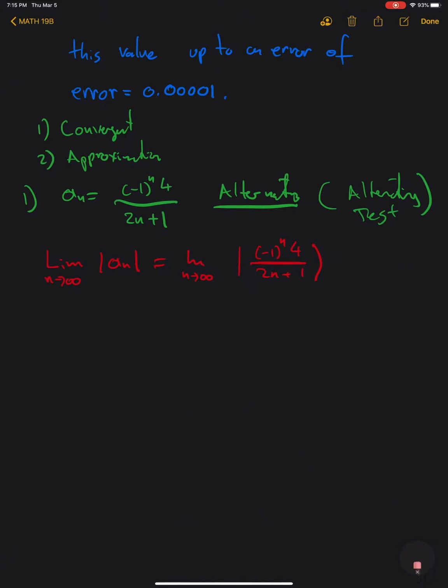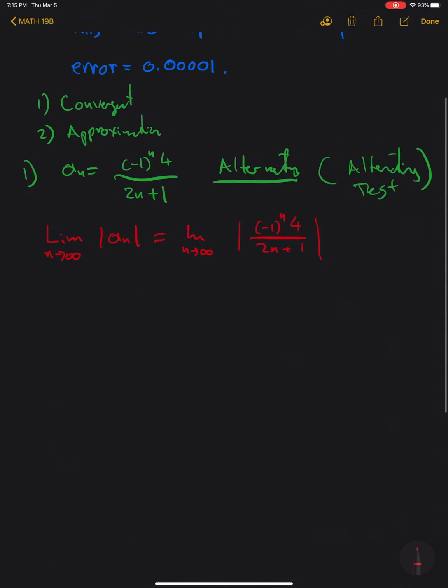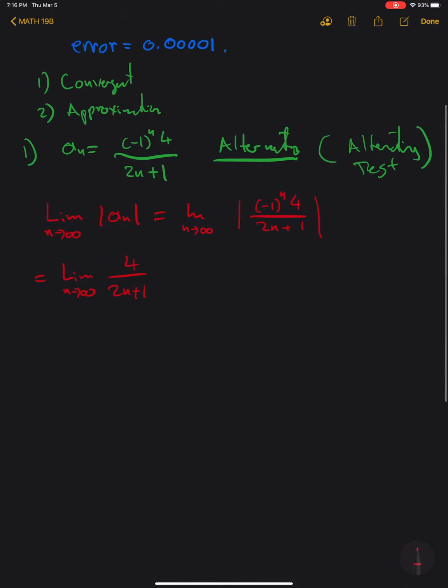The absolute value is going to get rid of the negative 1 to the power n. So we just end up with the limit as n tends to infinity of 4 divided by 2n plus 1. Now notice that the top part of this fraction stays constant while the bottom part changes. So this actually goes to 0.